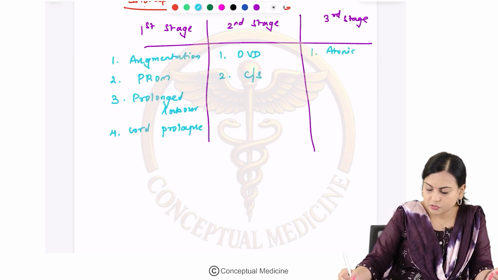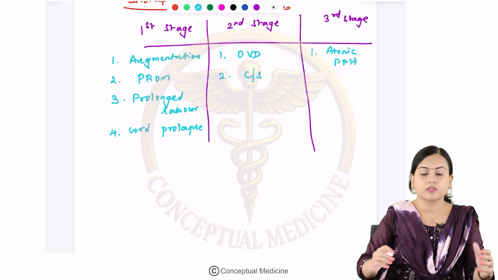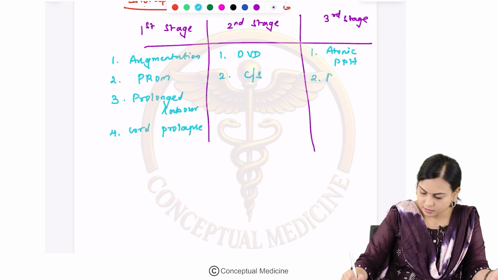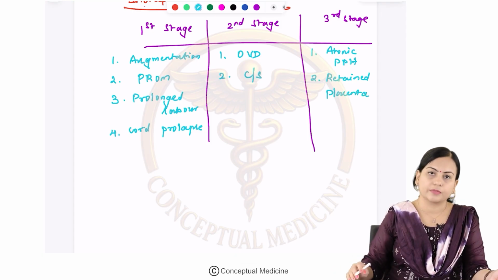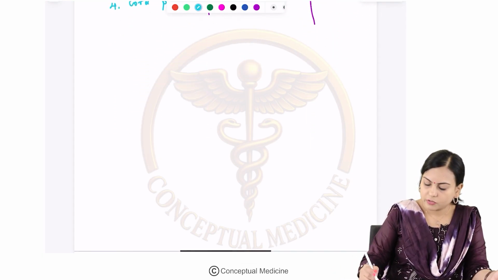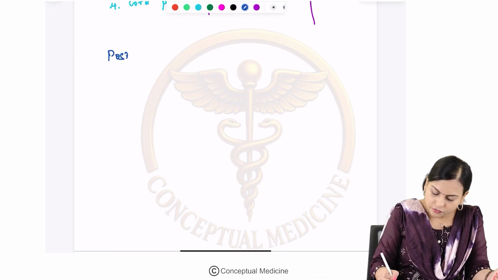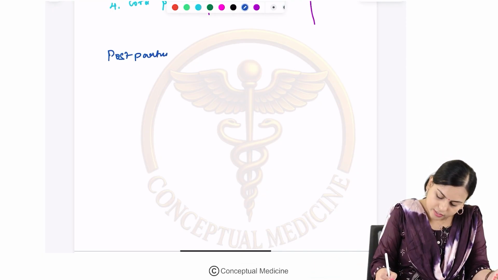And in the third stage, there can be chances of atonic PPH because the uterus is already over distended, right? And there can be chances of retained placenta as well. Then we will go to the postpartum complications.